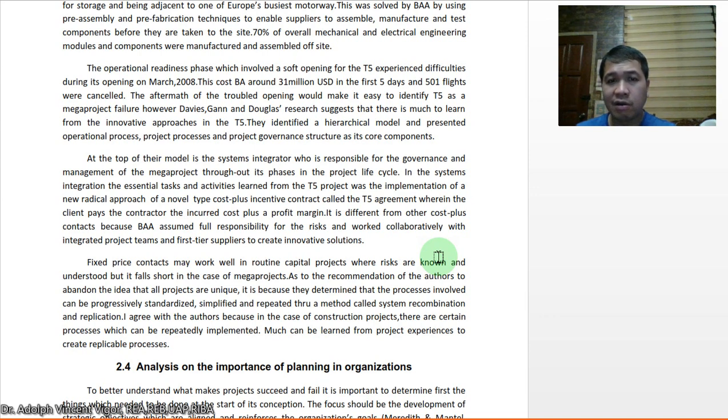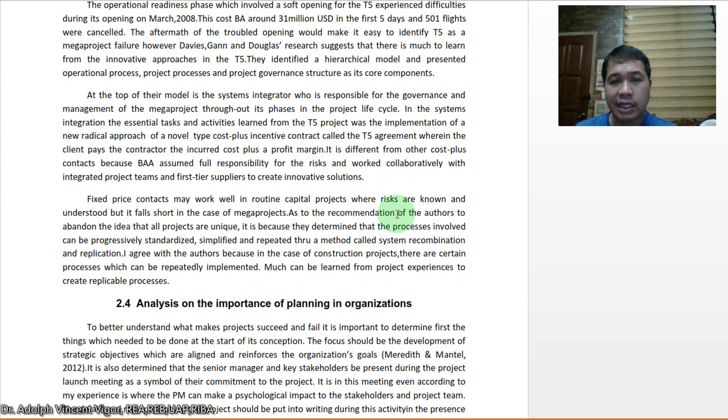However, Davis, Gunn, and Douglas' research suggests there is much more to learn from the innovative approaches in the T5. They identified a hierarchical model and presented operational success, project processes, and project governance structure as its core components. At the top of their model is the systems integrator, who is responsible for the governance and management of the mega project throughout its phases in the project lifecycle.